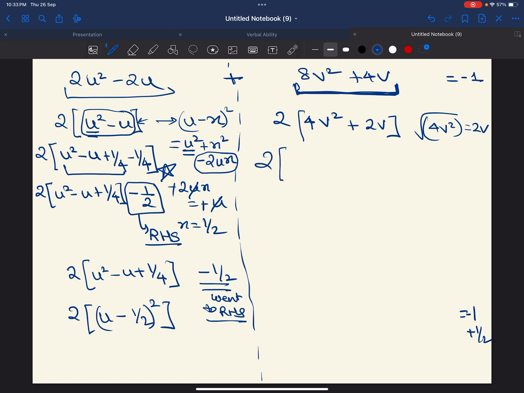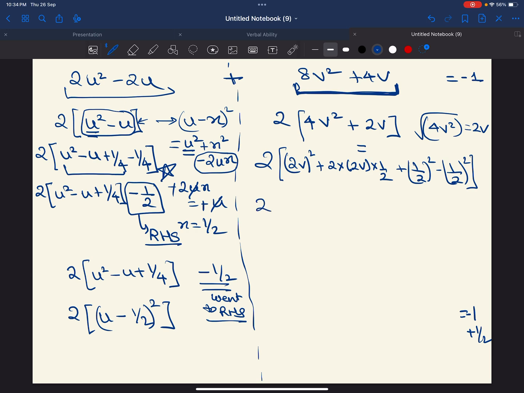We get 2 into bracket 2v whole square plus 2 into 2v into 1 by 2, right? Now I need to get 1 by 2 whole square, which is 1 by 4, and I'll just minus it as well. Now this is the entire term. This is equivalent to this, right?